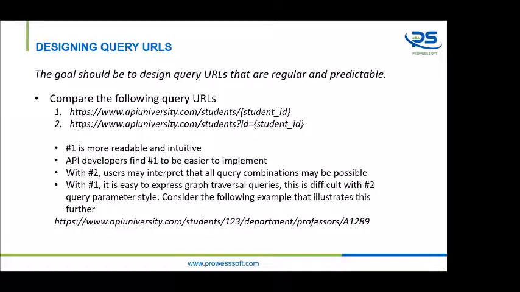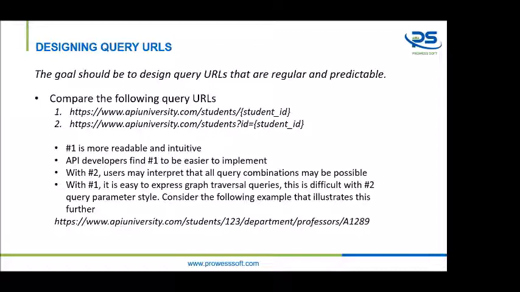But that object representation of the student has a property called department, which gives me the department ID to which the student belongs, right? And with that department information, I can actually go into that object and get a list of all the professors that are working for this department, right?